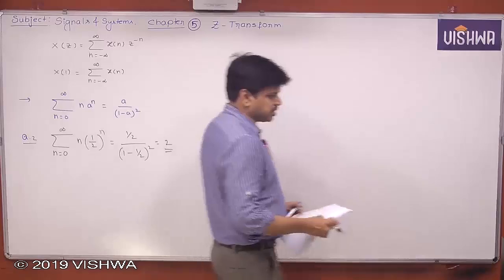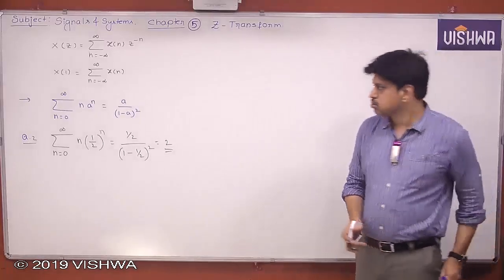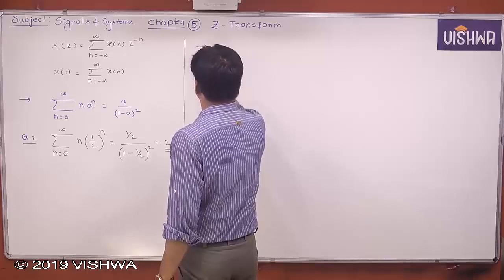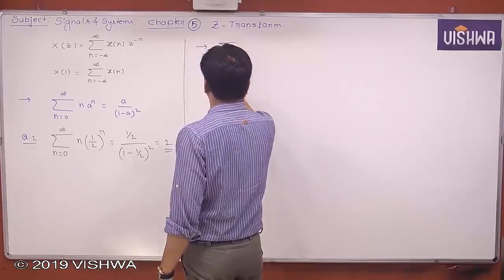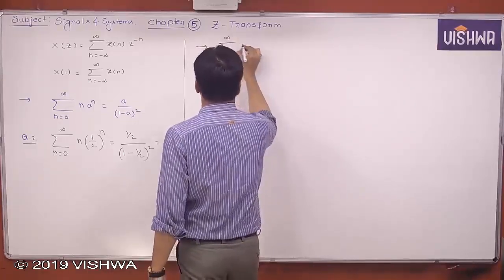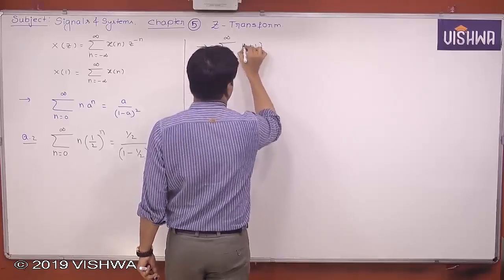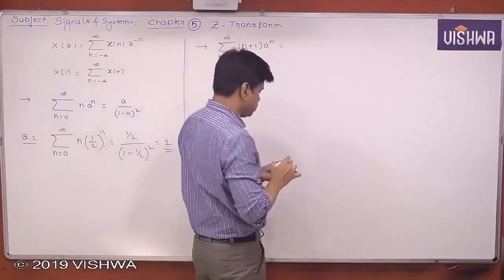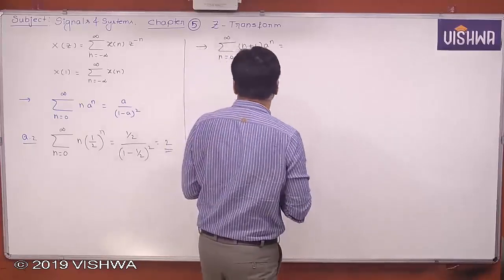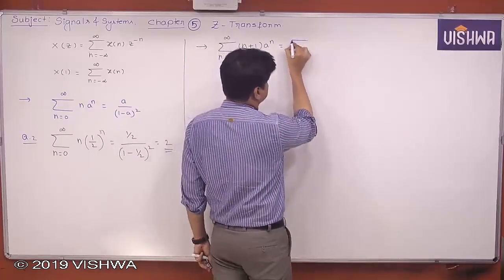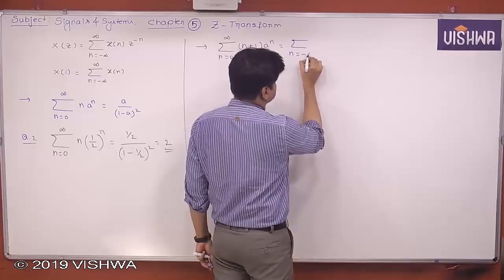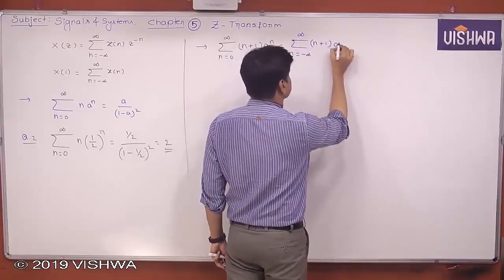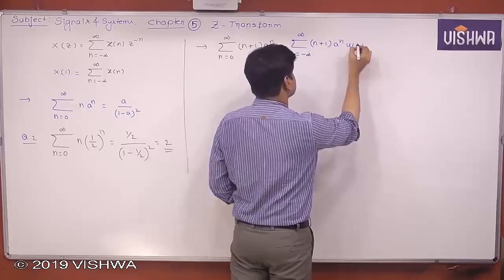This is the answer you got. Similar to this, if I ask summation n is equal to 0 to infinity n plus 1 a power n, what is it going to be? Similarly, we can write summation n is equal to minus infinity to infinity n plus 1 a power n u of n.